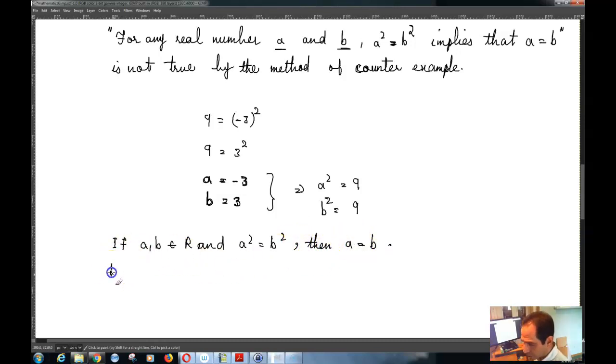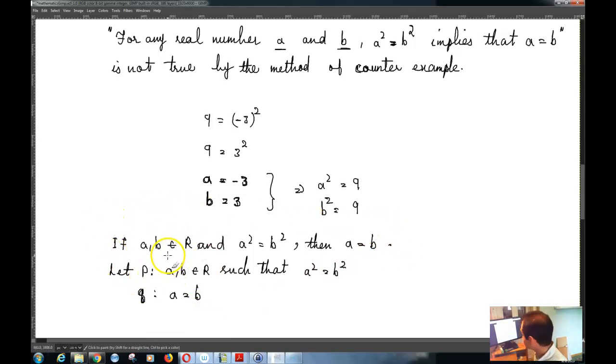Now you can say, let P be the statement that a and b belong to the set of real numbers such that a squared is equal to b squared, and let Q be the statement a is equal to b. So that is your statement now.